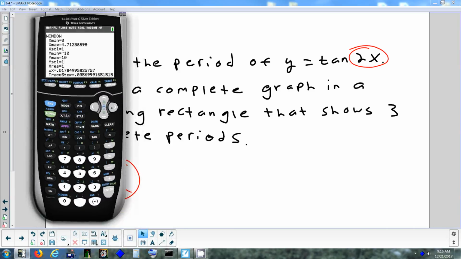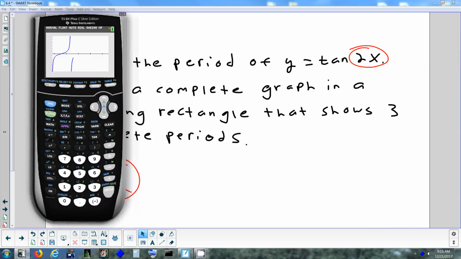So let's do plus pi over 4. So bump the x min to the right, and the x max, plus pi over 4. Perfect.